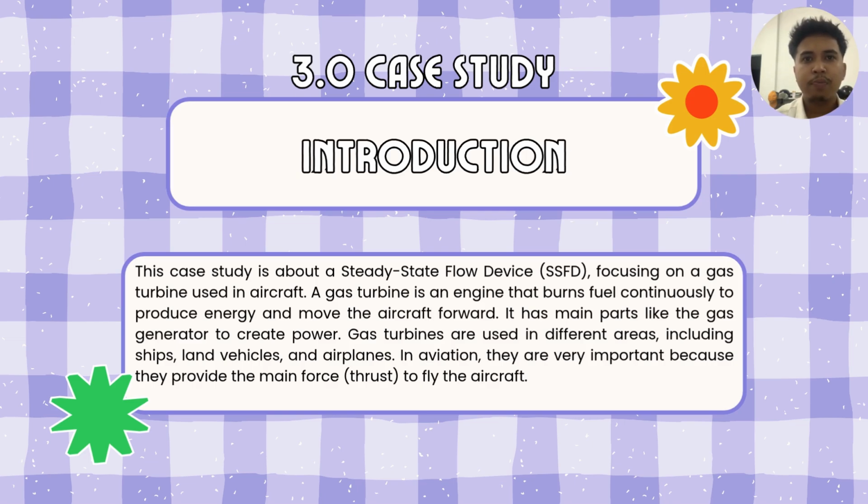Its main components include a power producing section or gas generator, and its design is adapted for various applications such as marine, land, or air use. In aviation, gas turbines play a crucial role as the primary source of thrust.